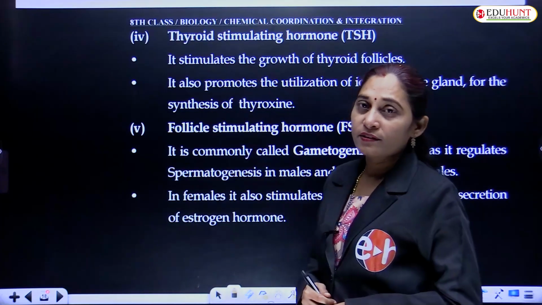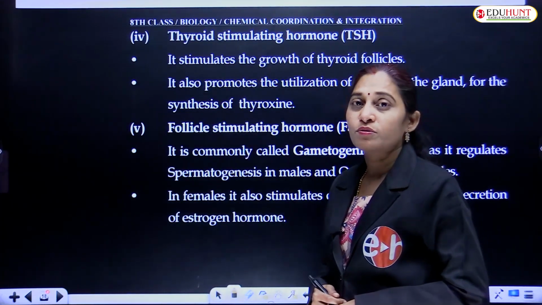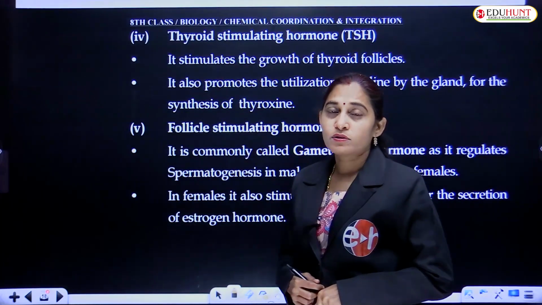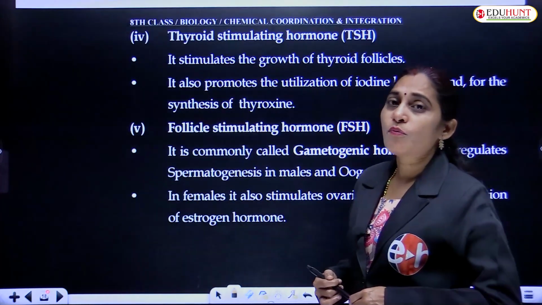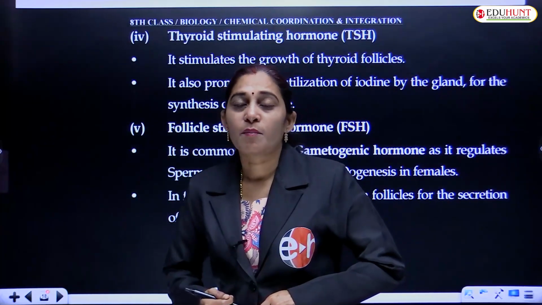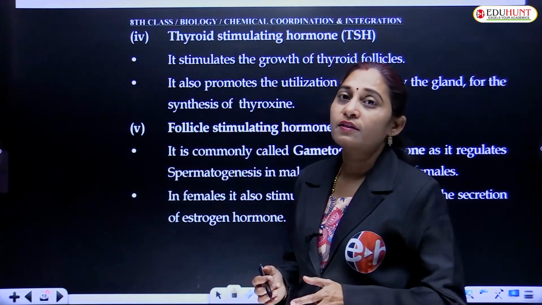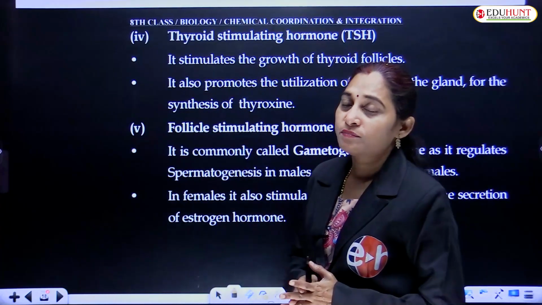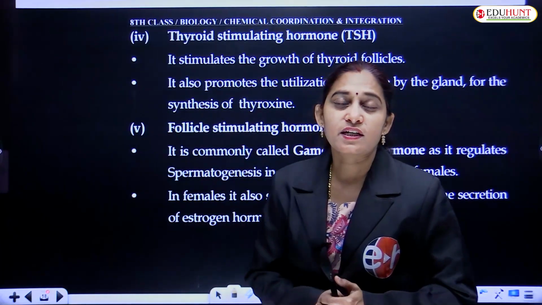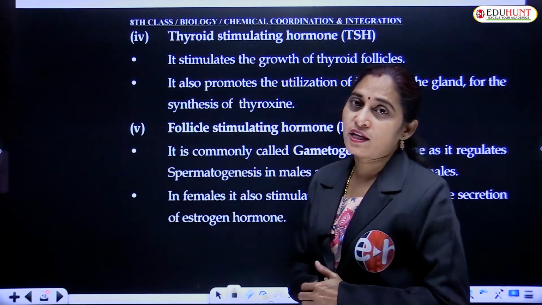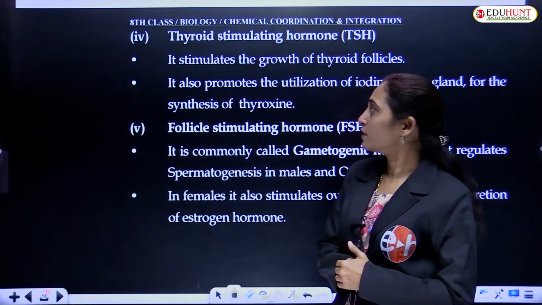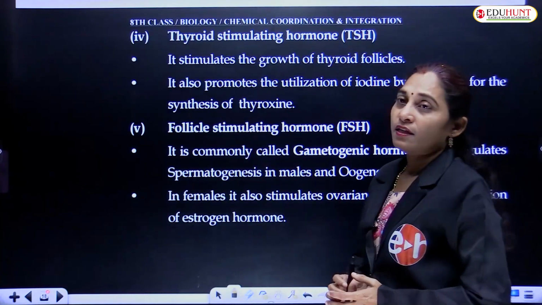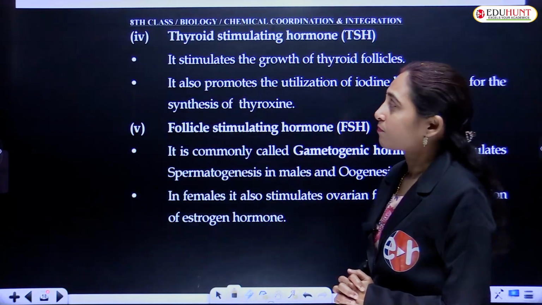Now, in this session, we are going to discuss the remaining hormones released by the other part of the pituitary gland, and also their control and functions. Let us get into the details.